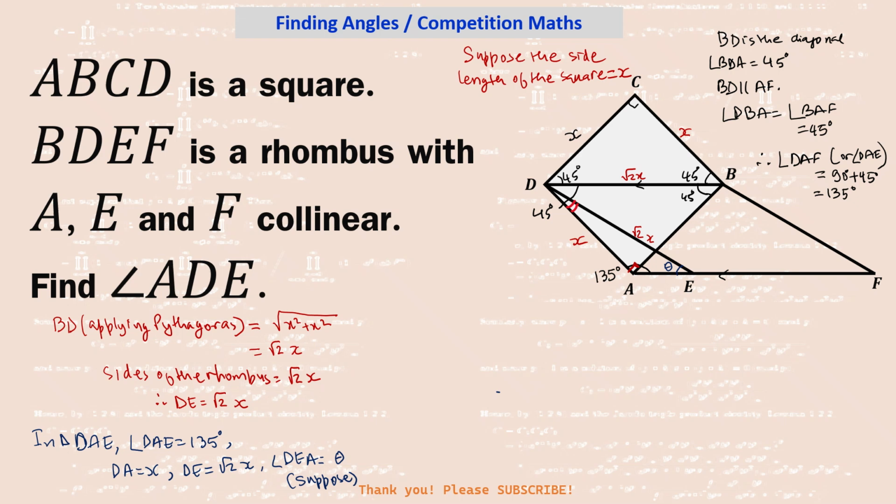Now I am going to apply the sine rule. I can write sine theta over x is equal to sine of 135 degrees over root 2 x.